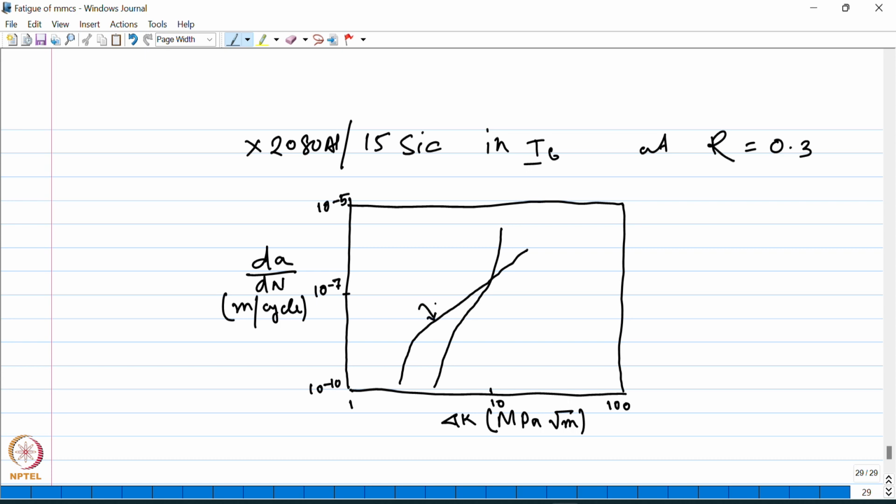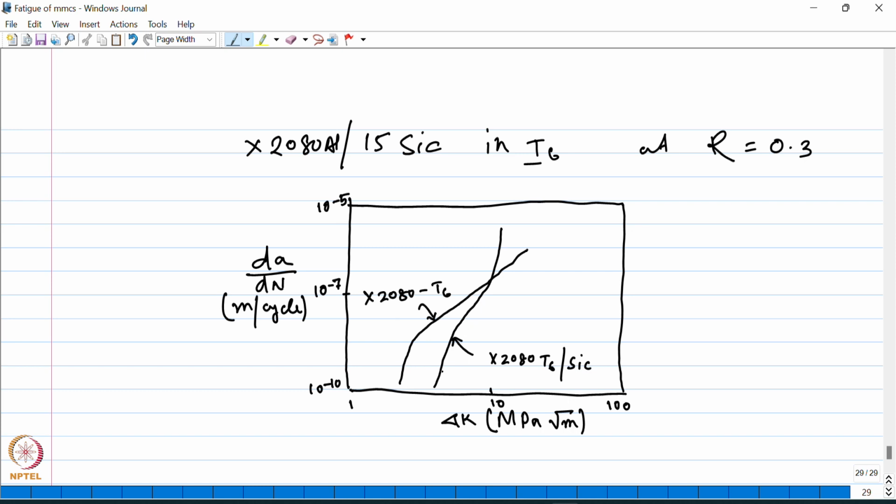This one is for the unreinforced alloy. And this one is for the composite. So here you can see the first type of behavior, that is there is an increase in the delta KTH, right?